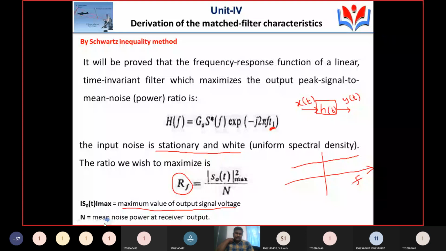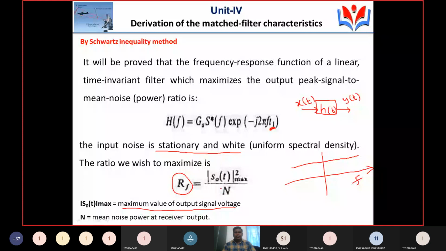These are the two important things we have to know. This Rf is the ratio of the square of the maximum value of output voltage related to the signal divided by the mean noise power of the receiver at the output. We have to consider this ratio in order to derive further equations.